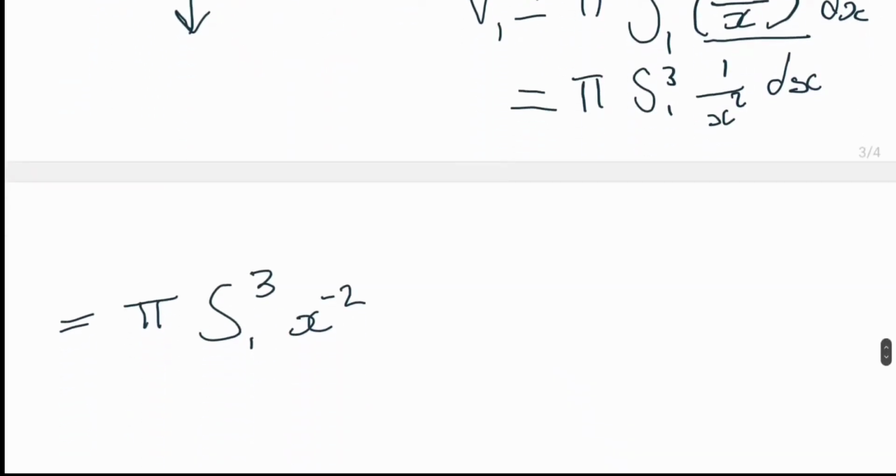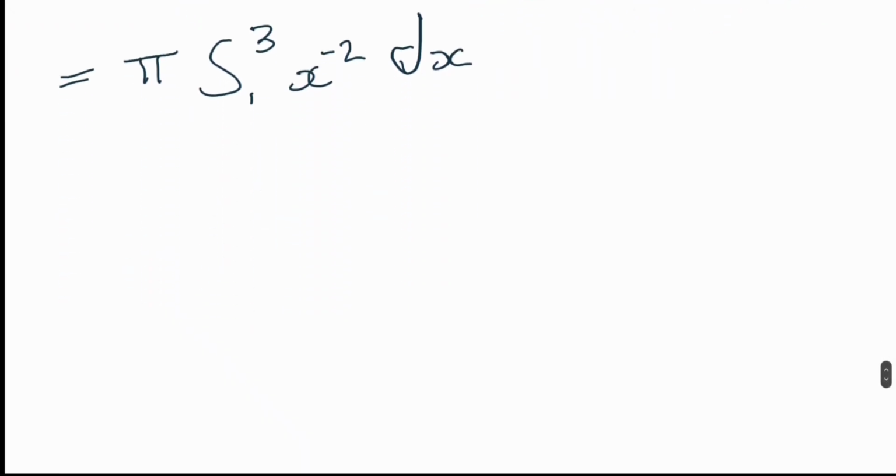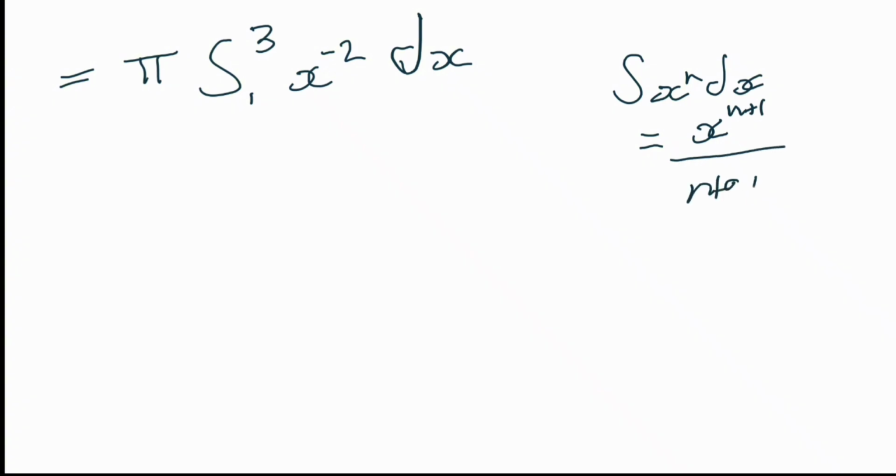And the way we can do this to make it even simpler, it's going to equal pi integral from 1 to 3 of x to the negative 2, okay, dx. Alright, so we can use our integral rule here to simplify this, okay?